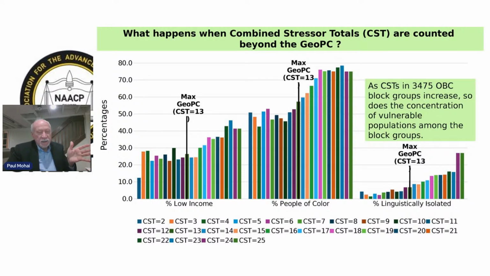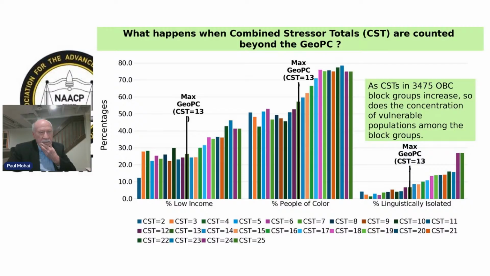And so if the count of adverse stressors for any block group exceeds 13, then the state is required to either require the company to put a condition or to modify their plan, or the state is required to reject the permit.